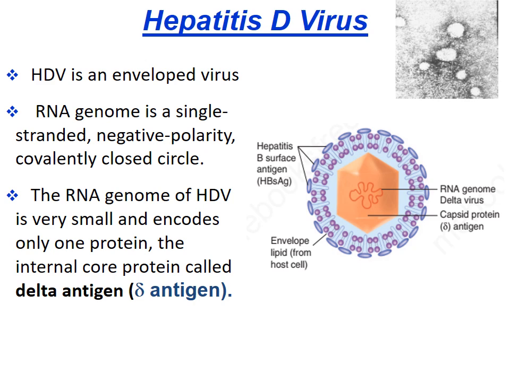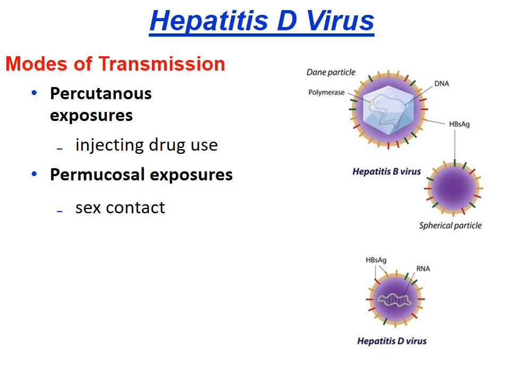As the hepatitis B surface antigens don't have DNA, they can be used easily by the hepatitis D virus because they are non-infectious, so they can be taken by it and will be helpful in the replication of the hepatitis D virus, which has its capsid protein, that is the delta antigen, and also the RNA genome, which is a delta virus. Most of the transmissions are similar to those of the hepatitis B virus.